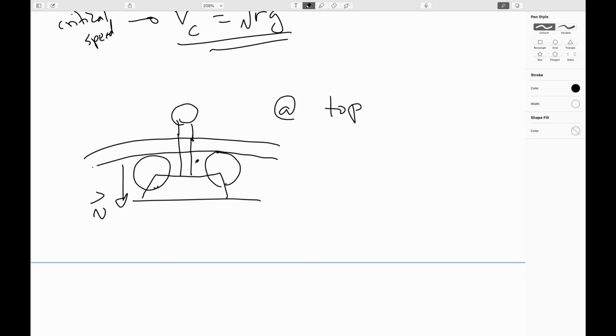And if for some reason you're going at less than v critical, what would happen is you would hang on this emergency wheel right here as you're going along. And this emergency wheel would interact with the track so as to provide an upward pointing normal force.